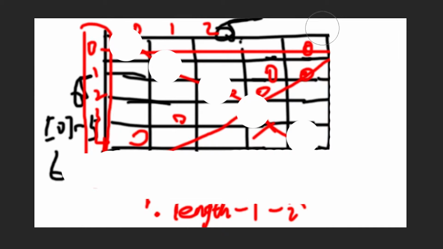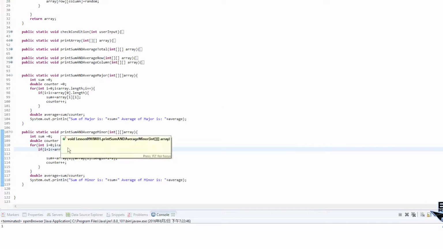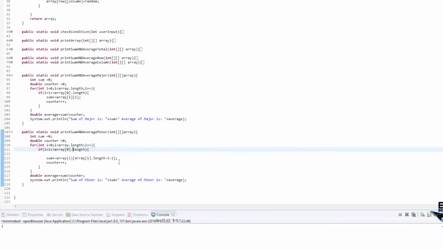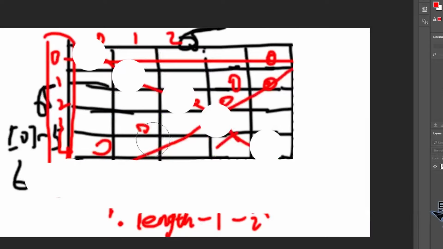In here there are only 5, so it's only going to print 5 values. When you try to reach 6, 6 is not less than or equal to 5, so it's going to cancel this one and not do anything. So it's going to print 5 values, add them together, and print out my sum.